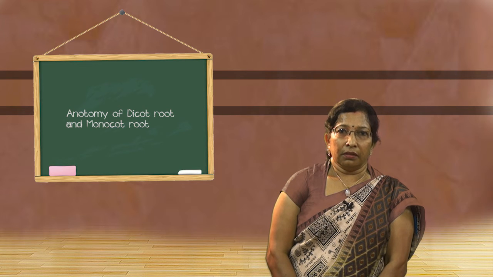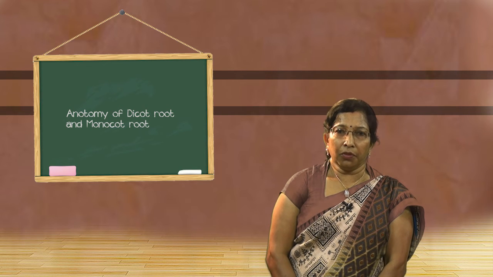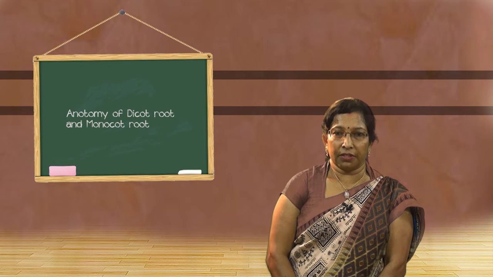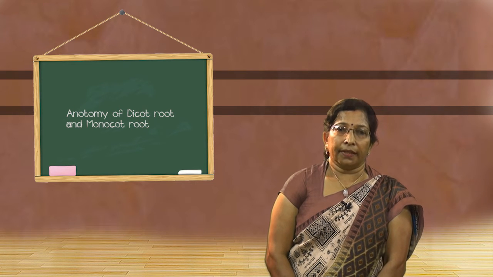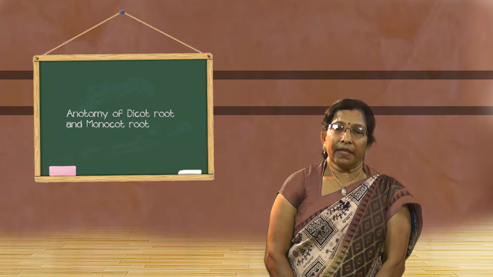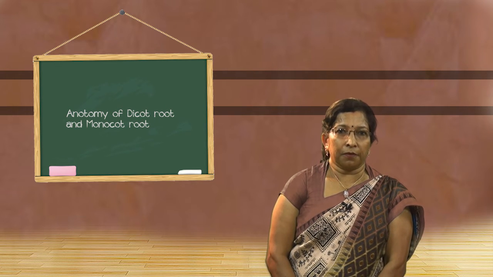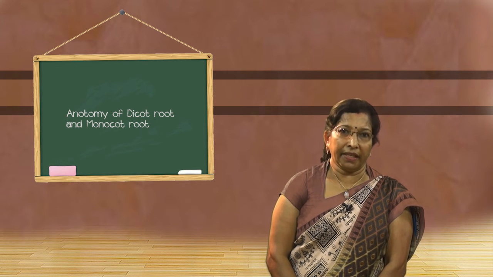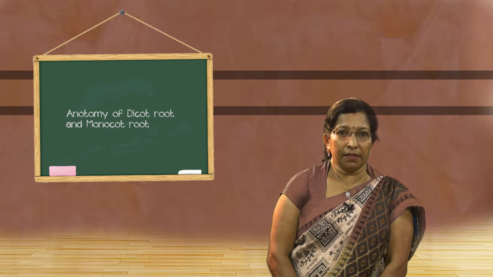Coming to the stele region, the centralmost cylinder in the monocot root is known as stele, and the outermost layer of a stele is pericycle. Pericycle is made up of a single layer of cells which are compactly arranged. There is no specialization or thickening in the cells of the pericycle.